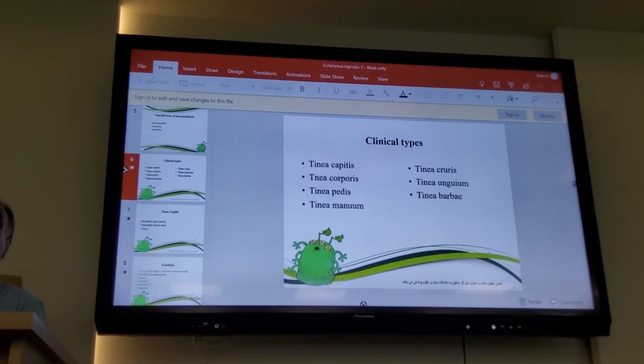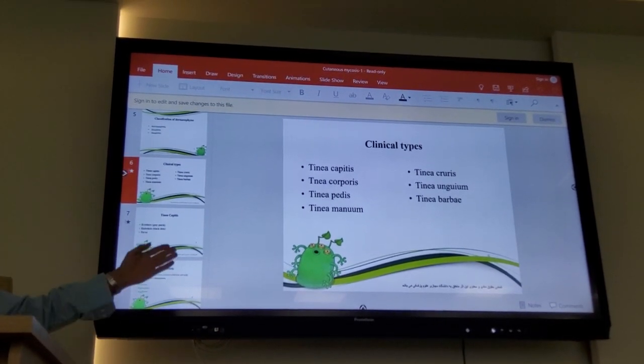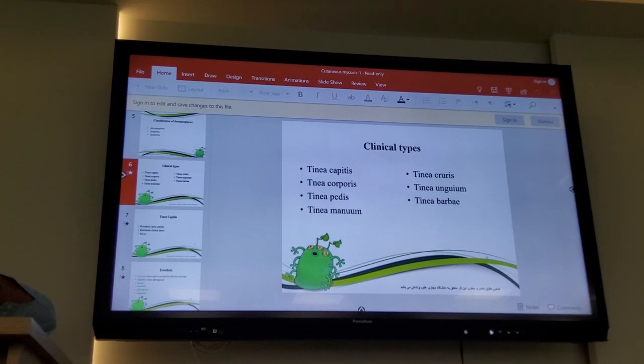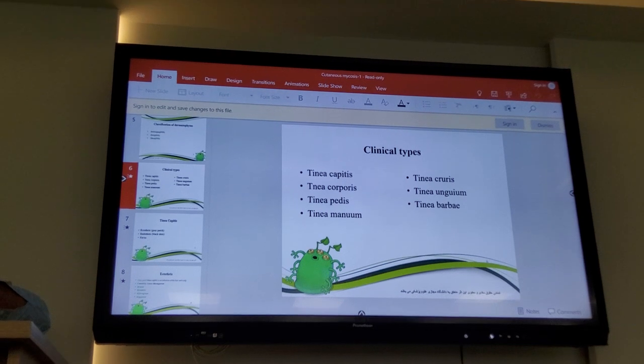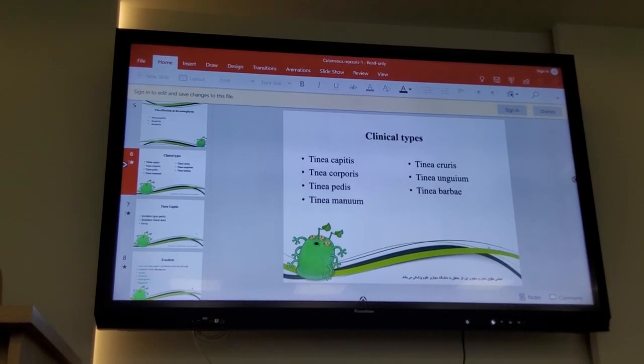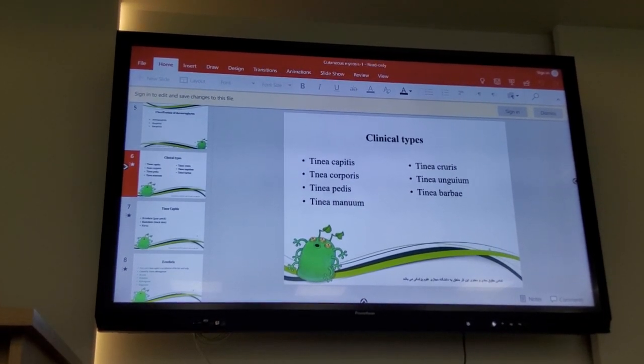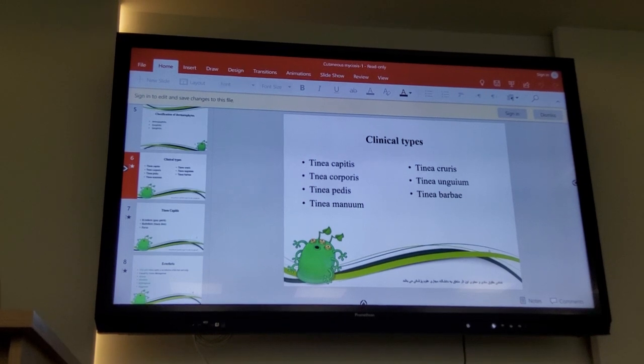Tinea pedis is in the pedal area of the foot.